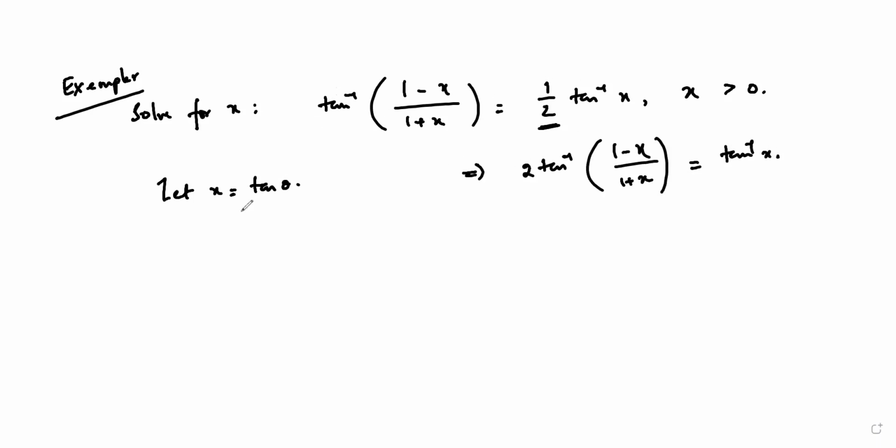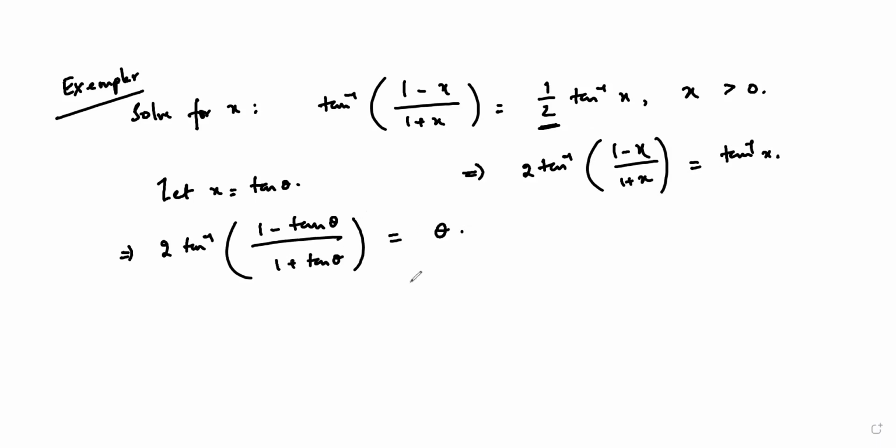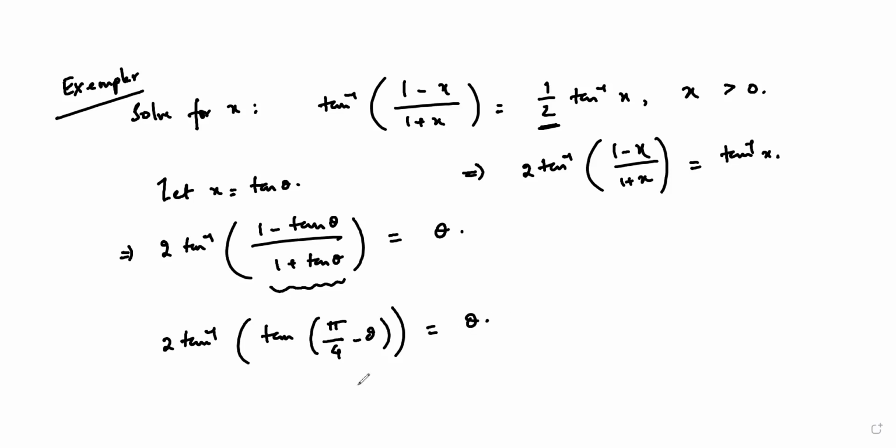Now taking x equal to tan theta, that would imply 2 tan inverse of 1 minus tan theta by 1 plus tan theta is equal to theta. Already in the morning I told you, this is in the form of tan of pi by 4 minus theta, right? So 2 tan inverse of tan of pi by 4 minus theta equals theta.